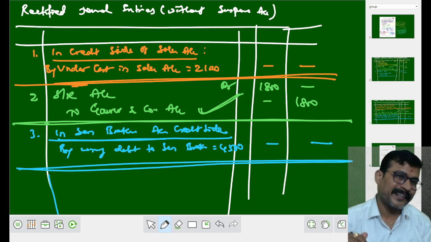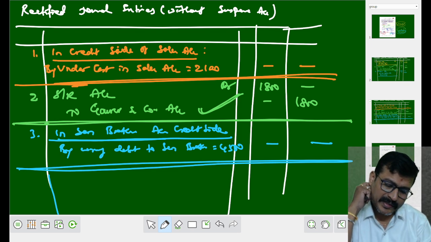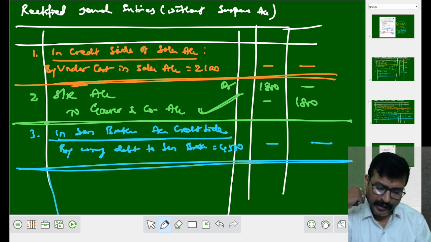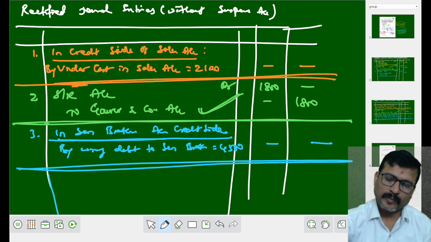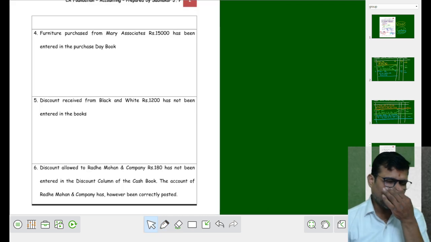We have to take it on the credit side. So in Sen Brothers account credit side we write wrong debit in Sen Brothers. Did you understand? This is how we have to pass the entry. Now let me move on to the next one.